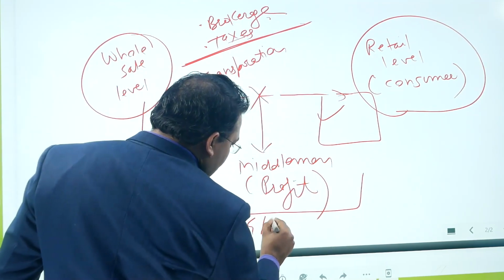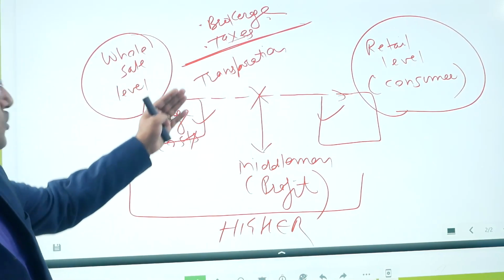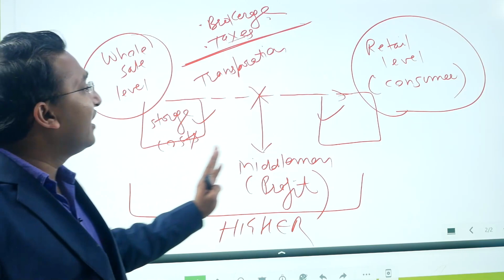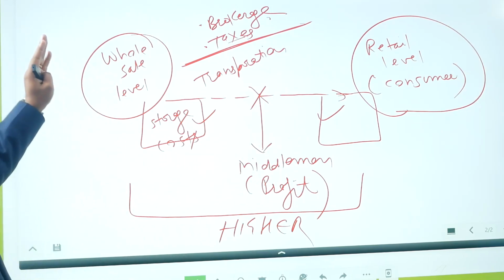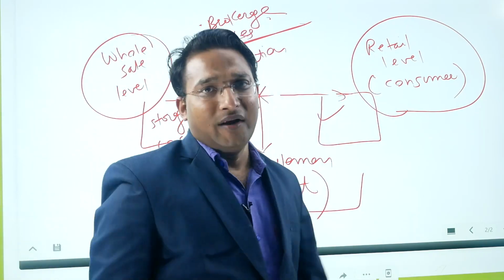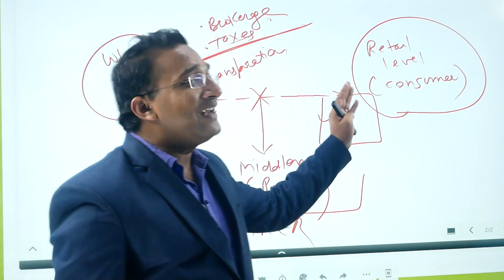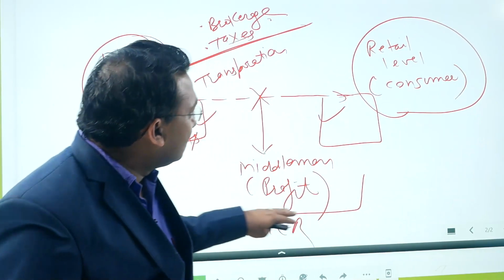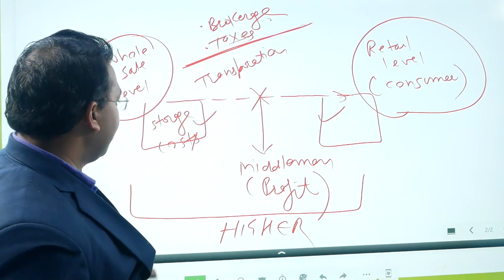That means that the taxes, storage cost, transportation cost, middleman cost, these costs are very, very high. Because of these costs, the prices are increasing from wholesale level to the consumer level. The wholesaler is getting very less prices and consumer has to pay very high prices, and the entire increase in cost is because of all these factors, right?